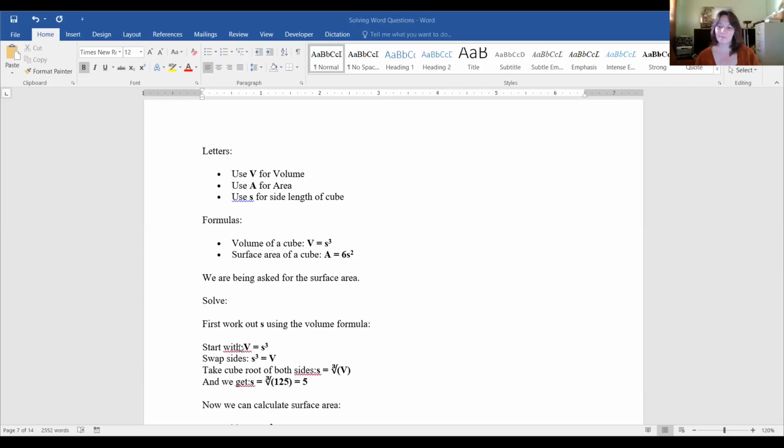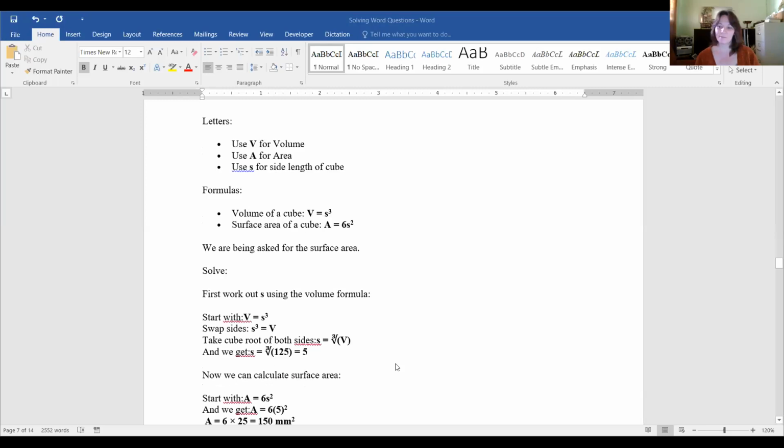If the volume is s cubed, and we know that s cubed is 125, we use the cube root of 125. Again, use your calculator, or you can remember from previous problems that 125 is 5 times 5 times 5. So the cube root of 125 is 5.